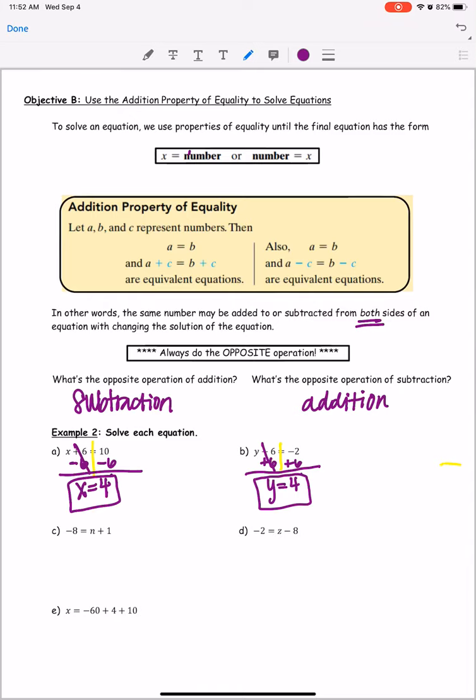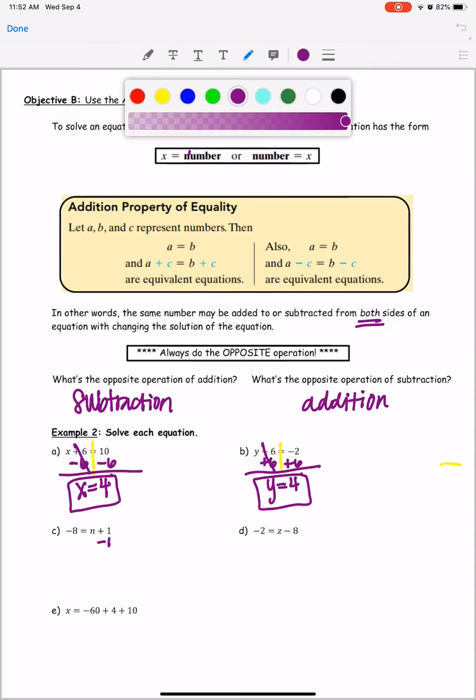Now a and b have the variable on the left side. It works the exact same way if your variable is on the right side. Still do the opposite operation. So on C, the goal is to get this variable n by itself. So what is happening to n? Well, we are taking n and adding 1 to it. So what is the opposite of adding 1? That's going to be subtracting 1.